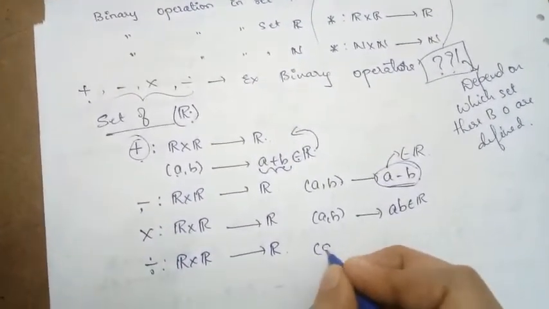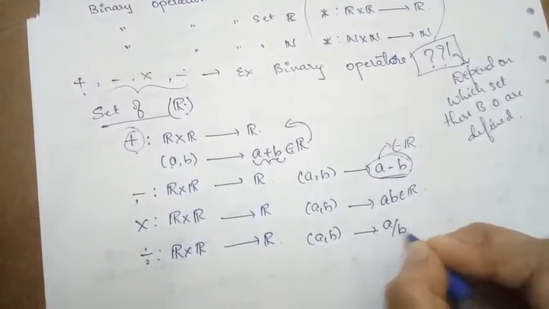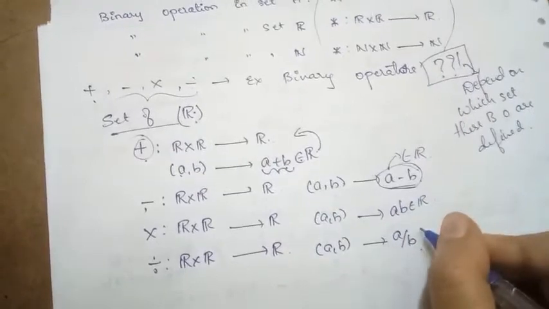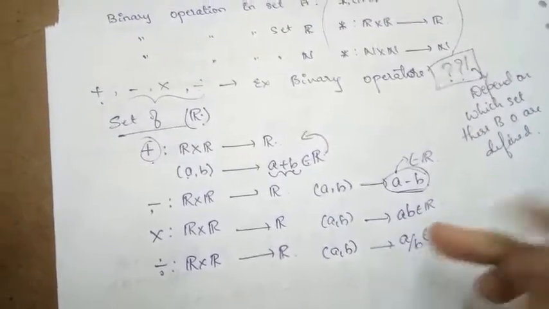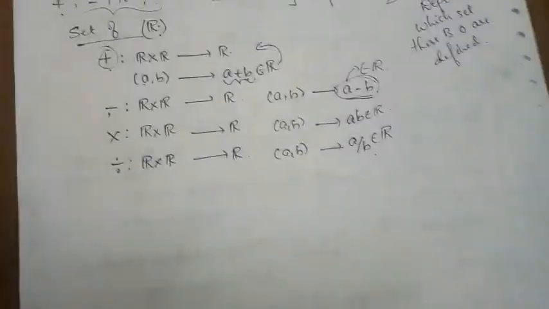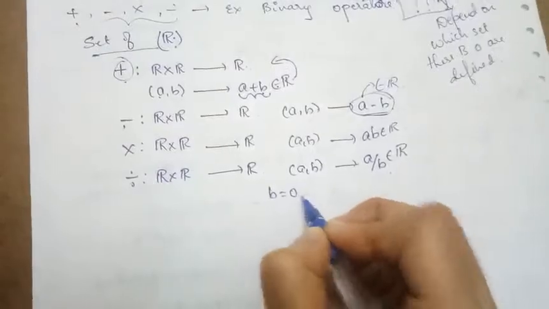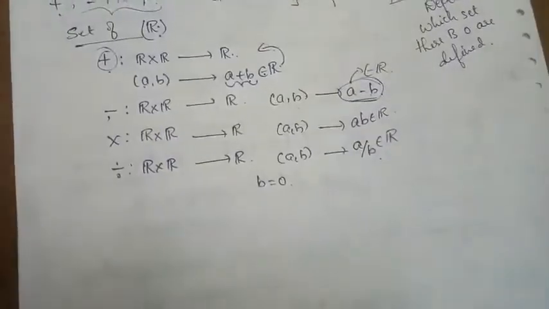Now if I take division on the set of real numbers, it will be defined like this. If I take any two numbers, then it should be in this form. Whether a by b belongs to real numbers, think properly. Suppose I take b equal to 0, and a might be any number.